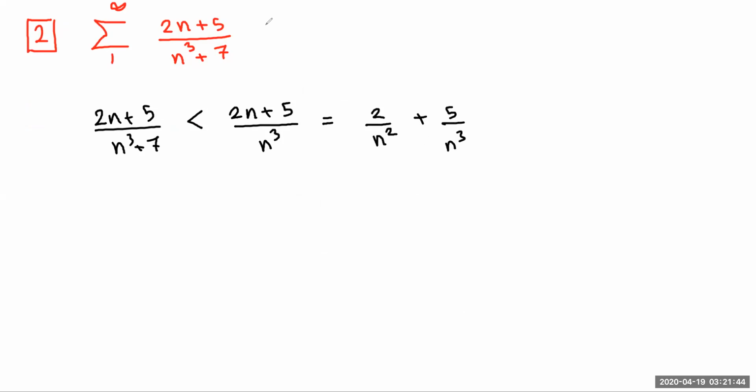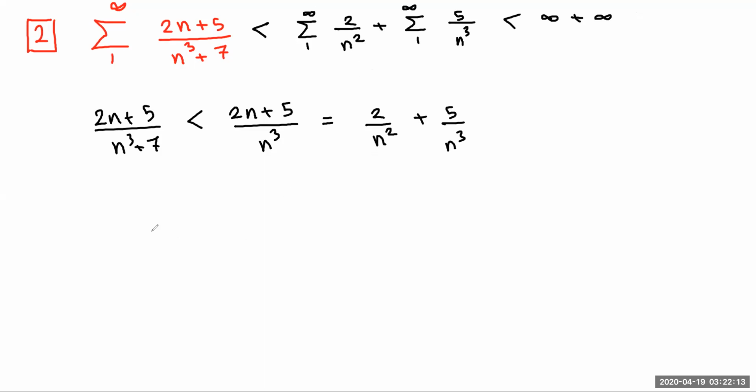So this series is less than the series sigma 2 over n power 2 from 1 to infinity plus sigma 5 over n power 3 from 1 to infinity. And each one of these two series converges, so each one is less than infinity.